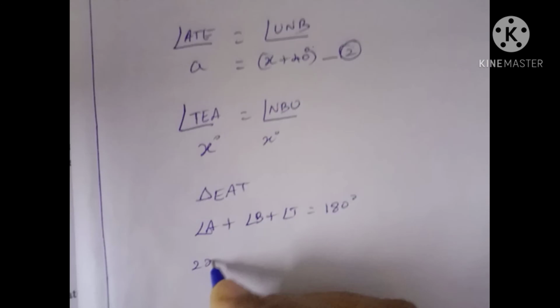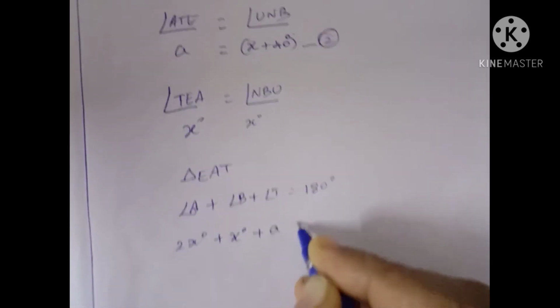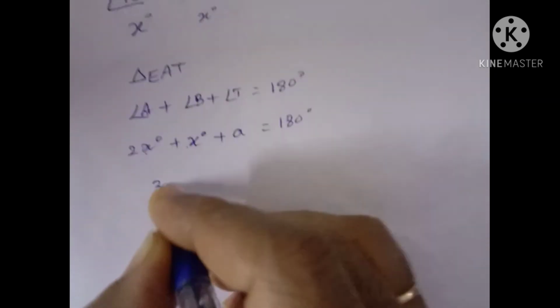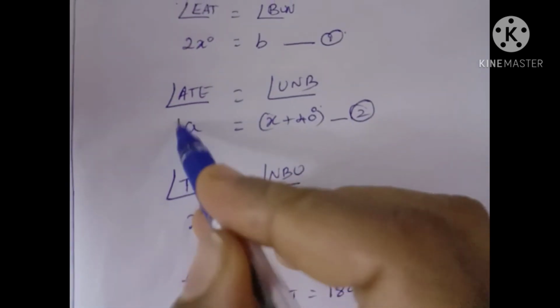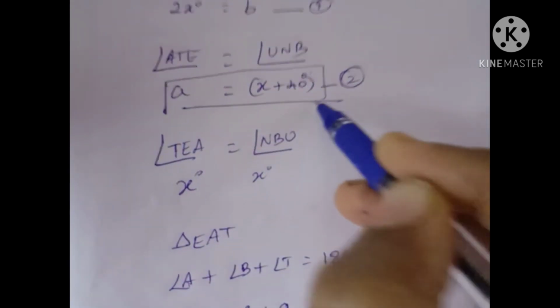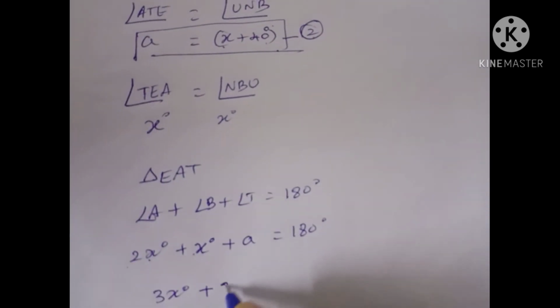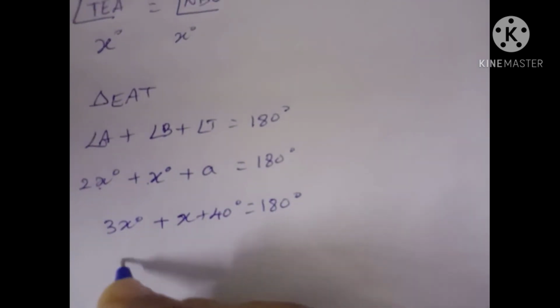Angle A is 2x, angle E is x and angle T is A. So, 2x plus x is 3x plus A. In the place of A, substitute the value from equation 2, that is x plus 40 degrees, equal to 180 degrees.